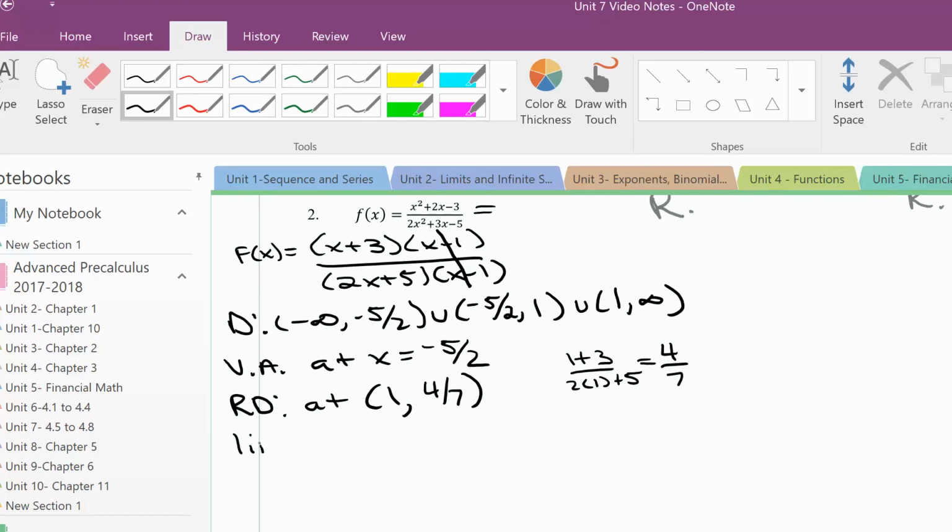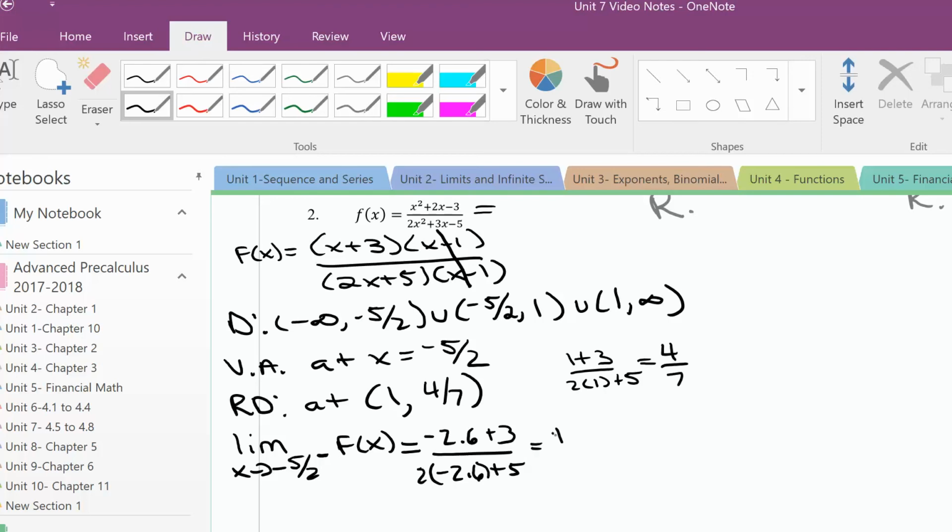Now the limit as x approaches -5/2 from the left of the function. So when you do that, if you put in like -2.6, so -2.6 plus 3 over -2.2 times -2.6 plus 5.